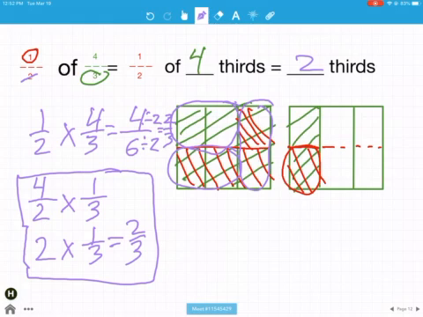And then we see that we have 2 sections. We have 1 section, 2 sections that are shaded in. So basically, we're moving this one over here. And that's how we get our 2/3. Oh, it took me a while, but we got there. All right, that's why we really have to think.